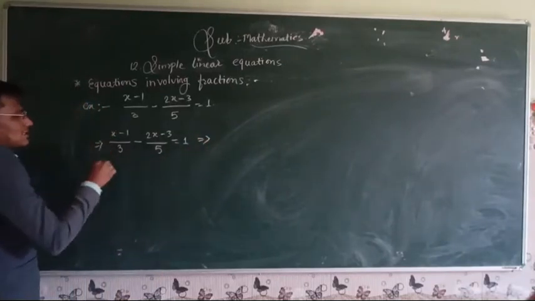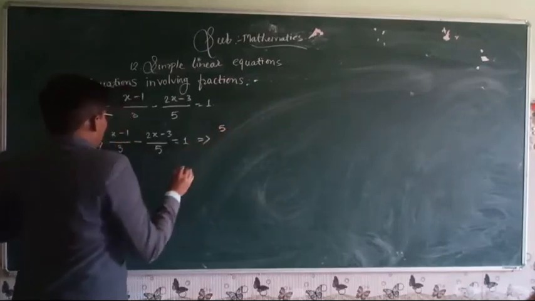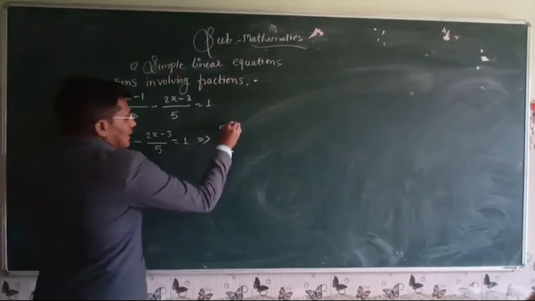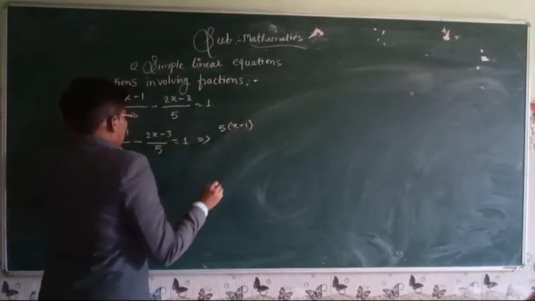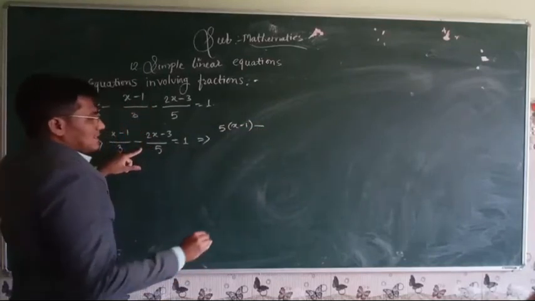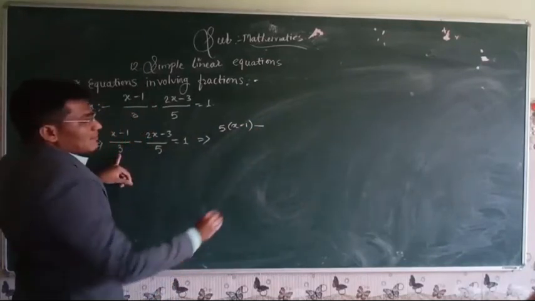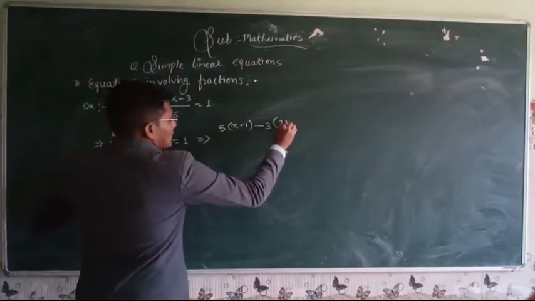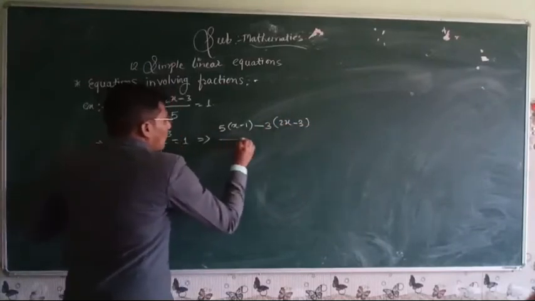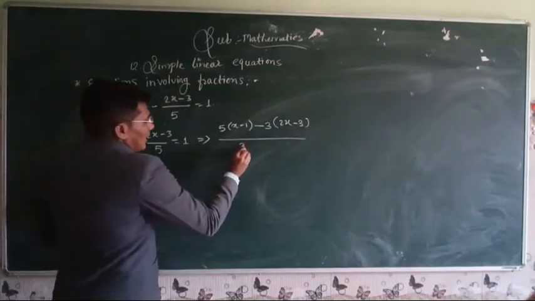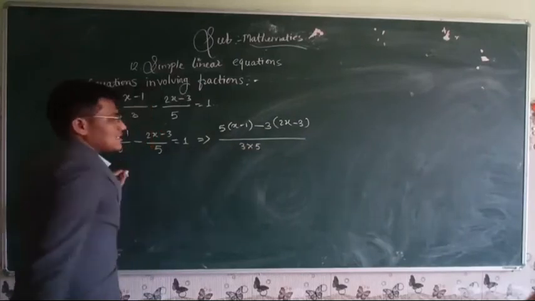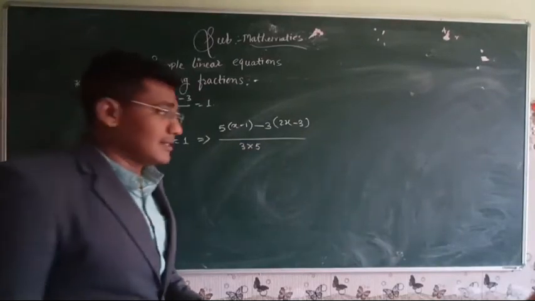Then 5 will multiply with x minus 1 as 5 into (x minus 1), this minus sign will stay as it is, and this 3 will multiply with 2x minus 3. The denominator will multiply with the numerator, and this is called cross multiplication.